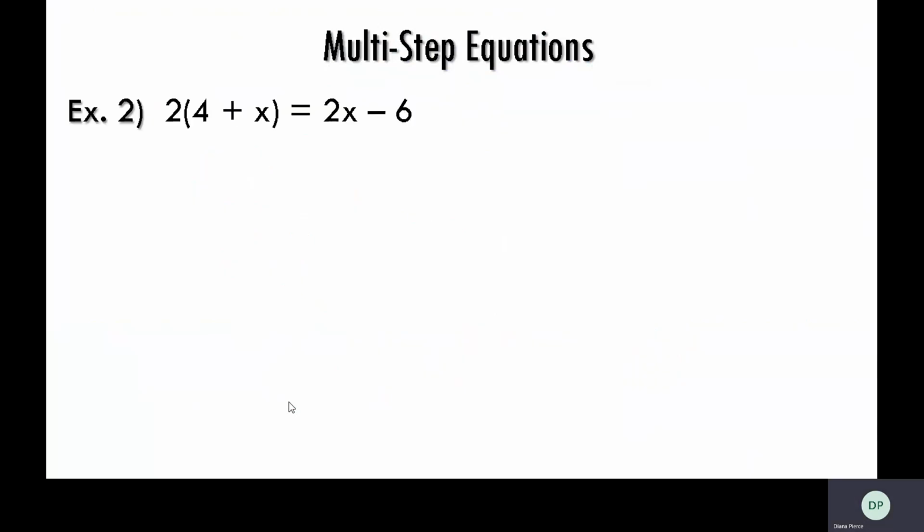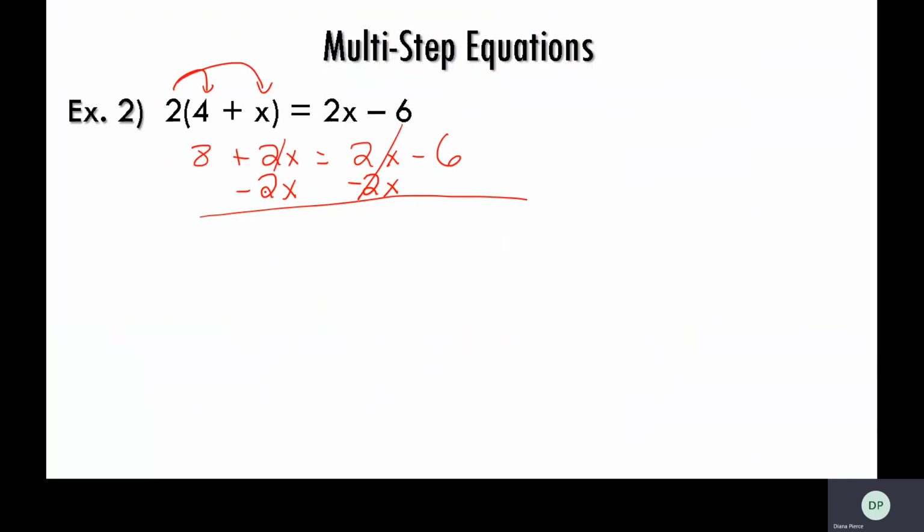Okay, example number 2. Step 1 is always to distribute. So let's distribute. 2 times 4 is 8. 2 times x is 2x. And this side would just drop. Now we have to move our variable over to one side. Well, it's positive 2x, so I have to subtract the 2x. Well, once again, my variables end up canceling out, and I'm left with 8 equals negative 6.